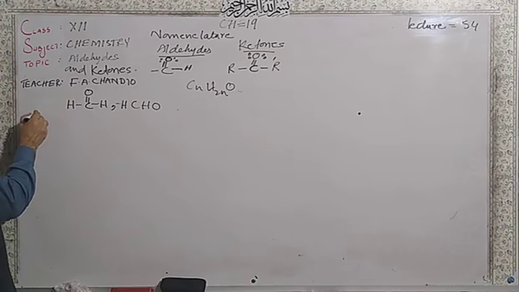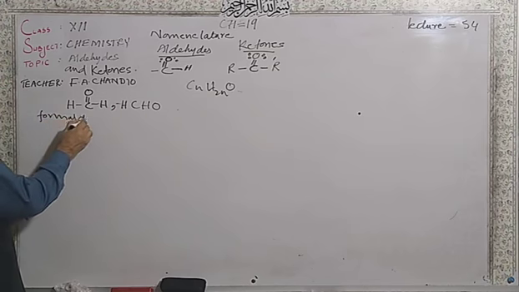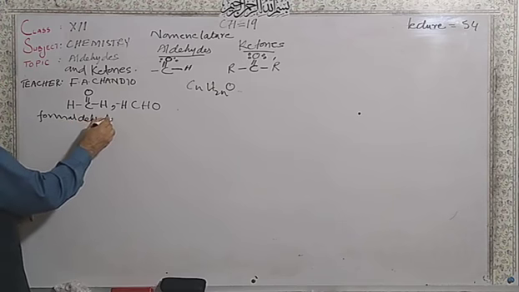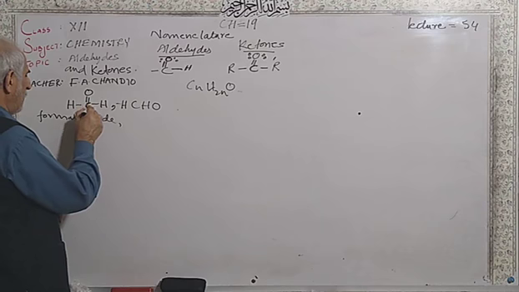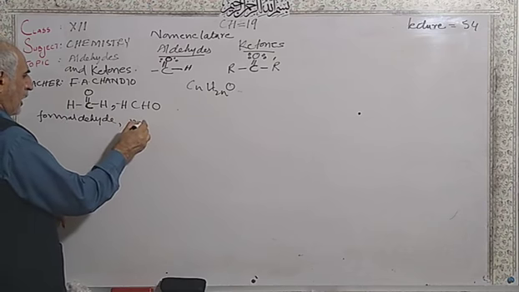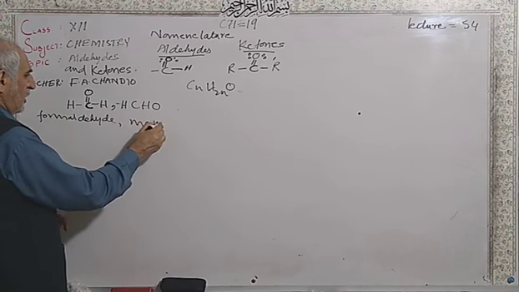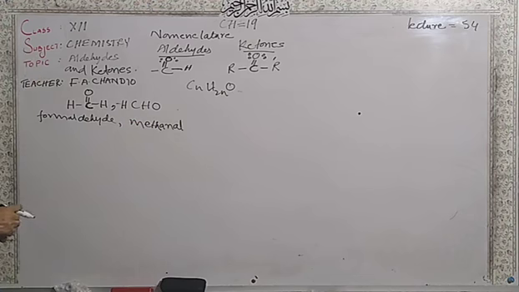This is formaldehyde. In the IUPAC name, this carbon is one, with the aldehyde ending 'al', so it is methanal. This is called methanal. Formaldehyde or methanal.